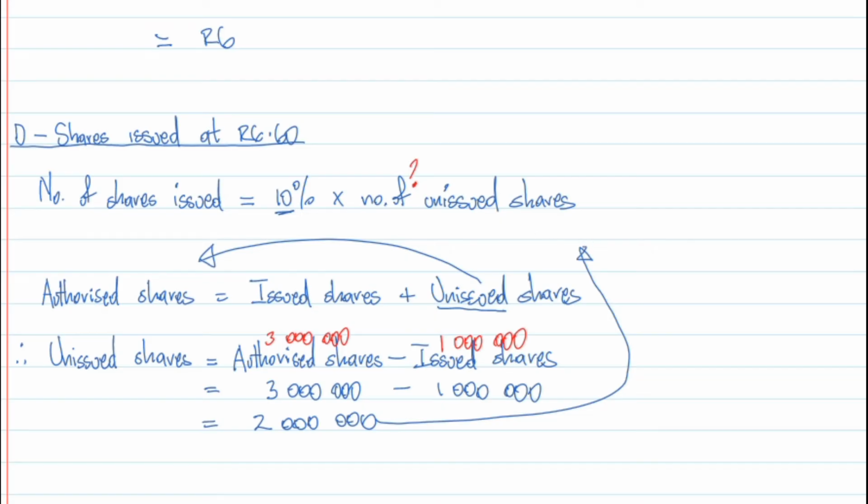This means that the number of shares that were issued on 1 March 2023 is 10% multiplied by 2 million unissued shares. 10% multiplied by 2 million is equal to 200,000 ordinary shares. So 200,000 shares were issued on 1 March 2023.